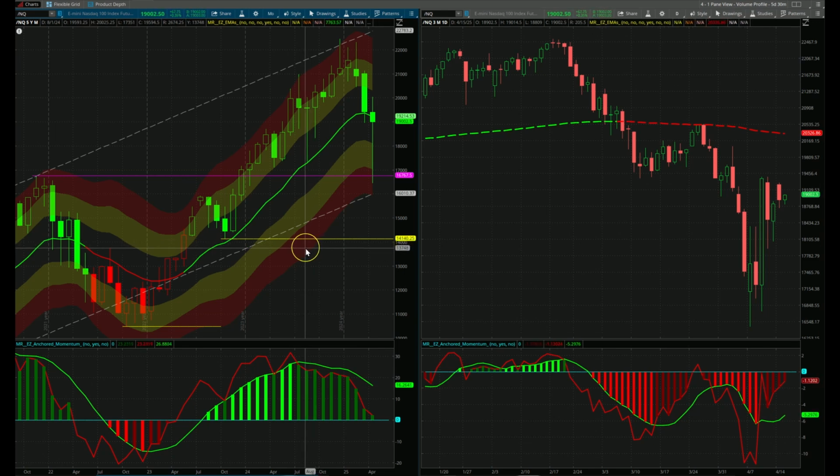So that's a monthly. That's like the grand overview. I don't know many people that trade monthly charts, but it's good to look at. It's good to get a sense of what's going on. And what's going on is we've got a hell of a correction going on. And there's more to come.